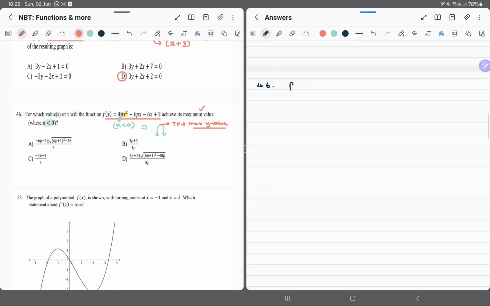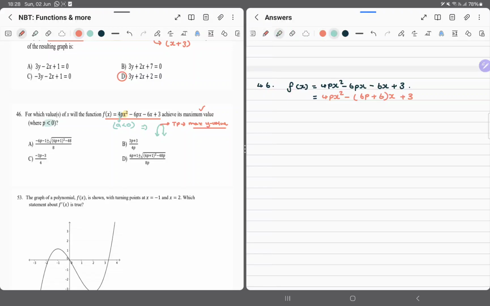Okay, let's write this expression given to us. f of x equals 4px squared minus 6px minus 6x plus 3. So this is a quadratic, but it's not in standard form. So we always write our quadratic in standard form. So this is going to be 4px squared. We factor out a negative, we remain with 6p plus 6, and we factor out the x, then plus 3.